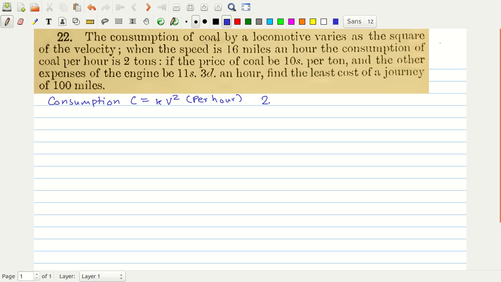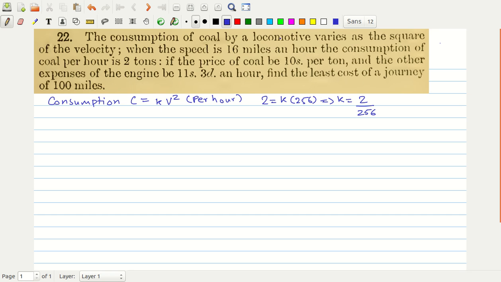So 2 is equal to K times 16 square, which is 256, and therefore we get K is equal to 2 by 256.